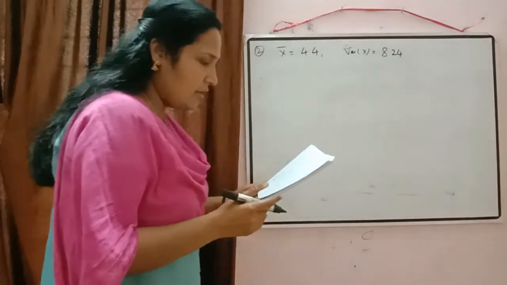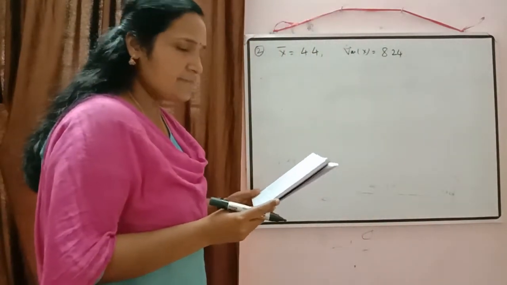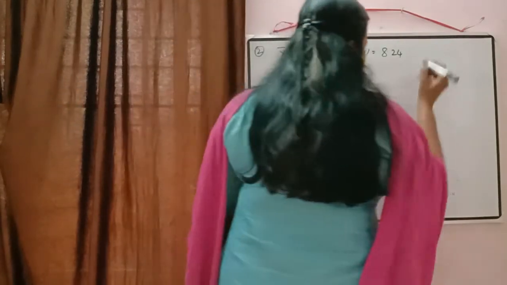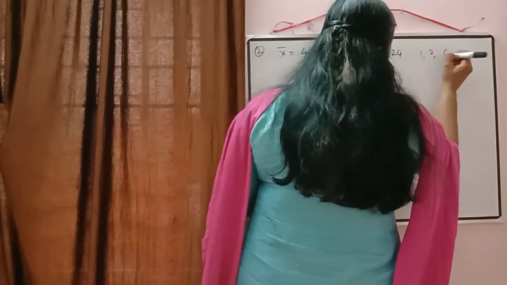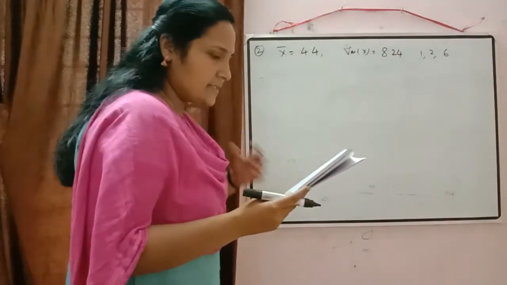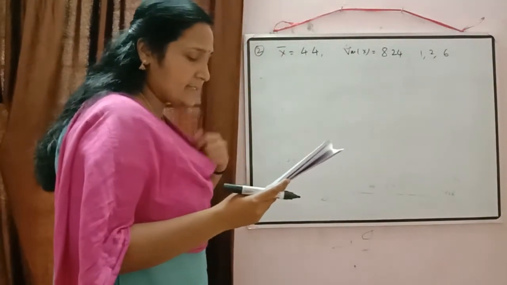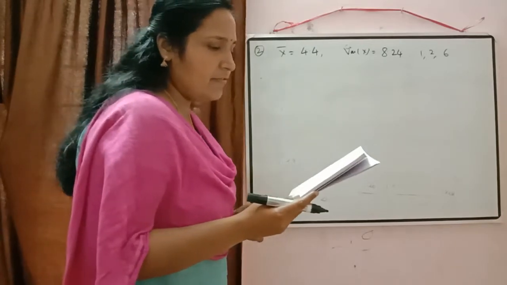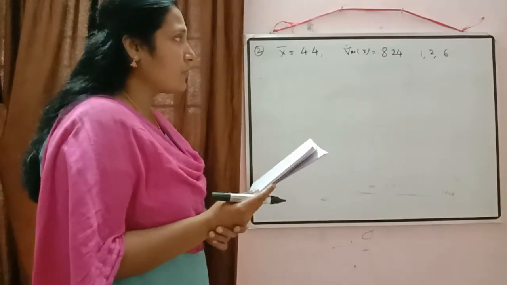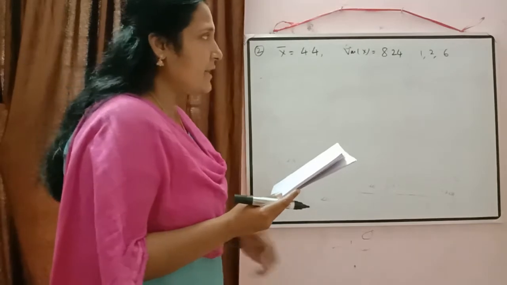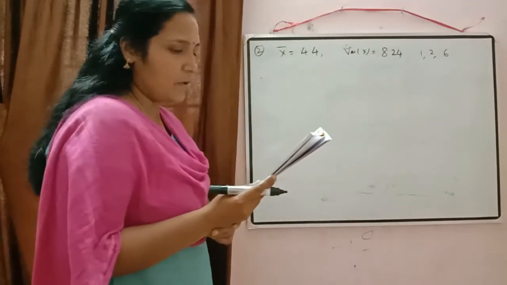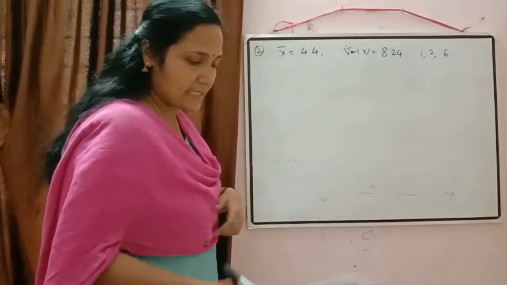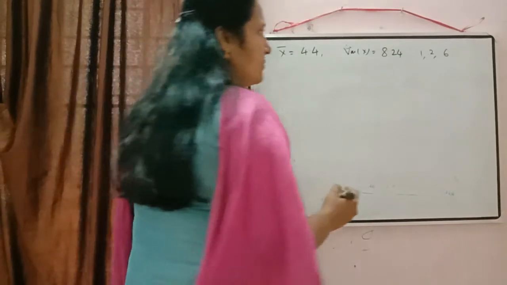If 3 of the observations are 1, 2 and 6, find the other 2 observations.